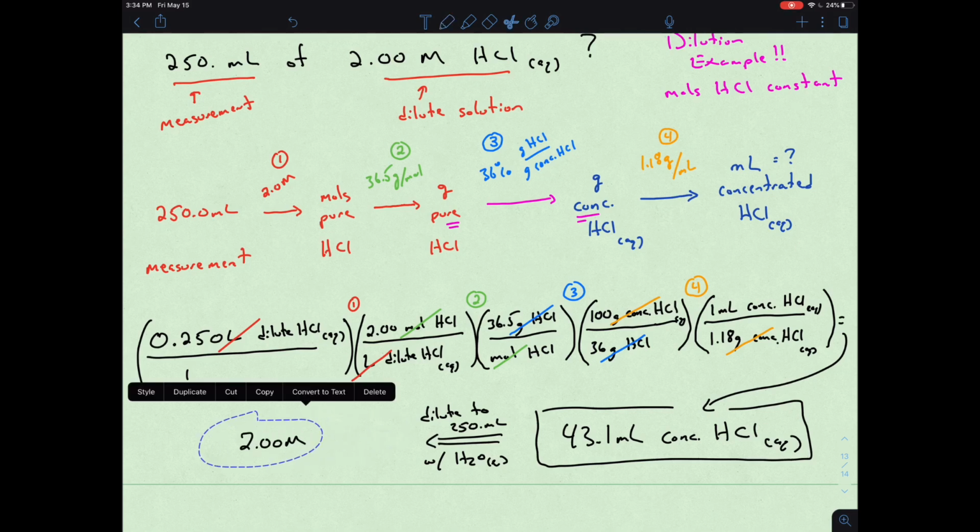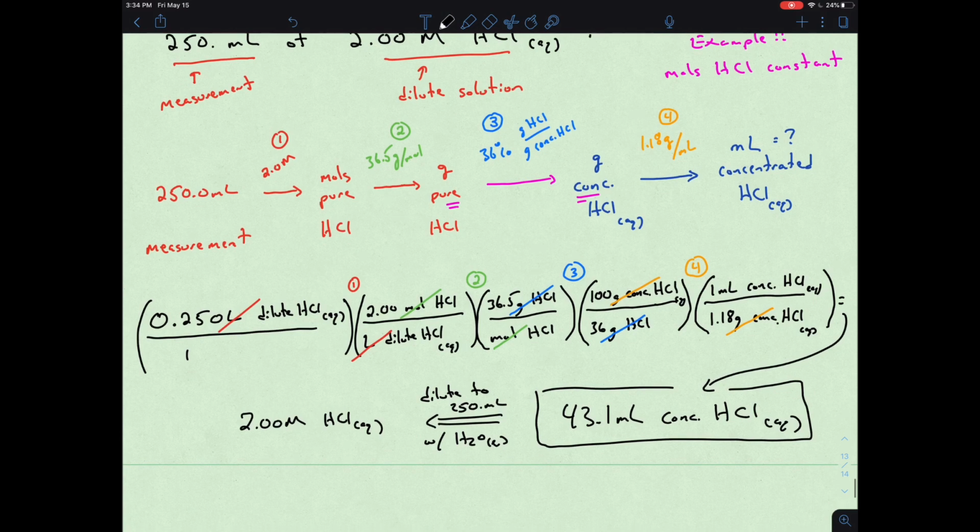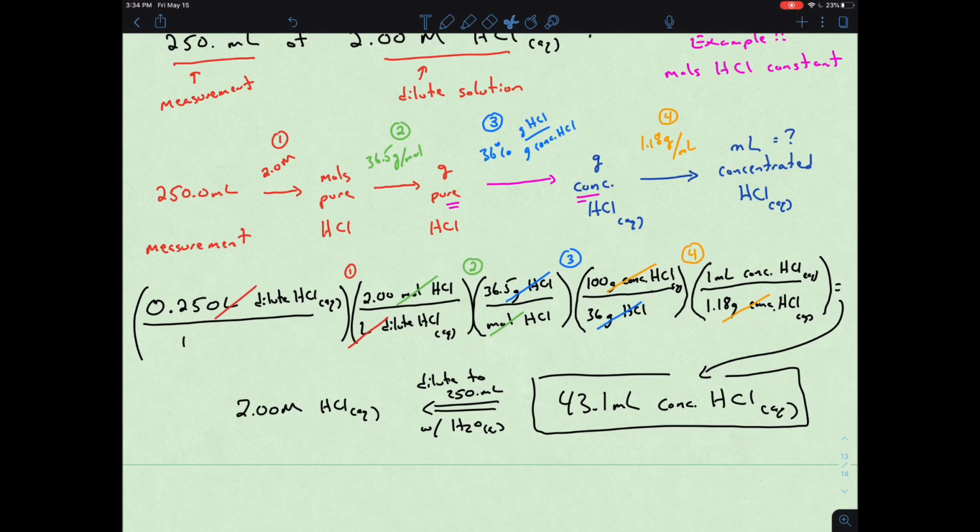And so that's how we can do that dilution. But we would need to measure out that 43.1 milliliters, right? We'd have to actually figure that out, and that's definitely the harder part.